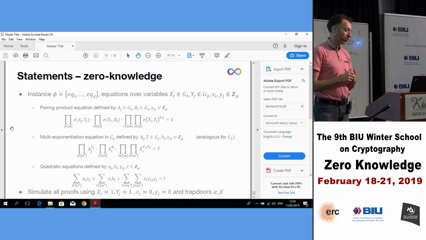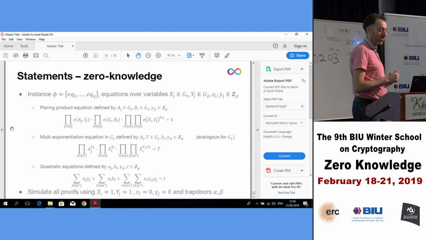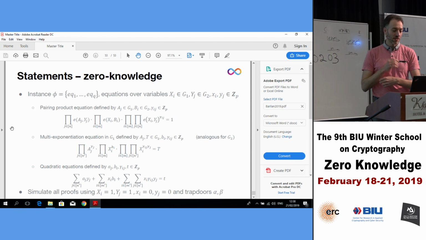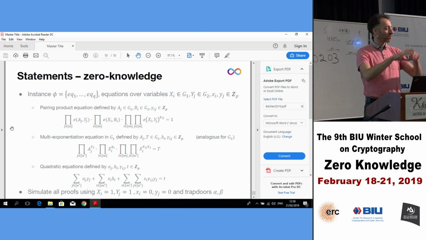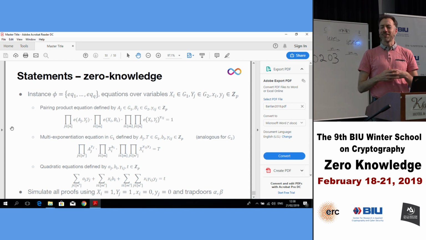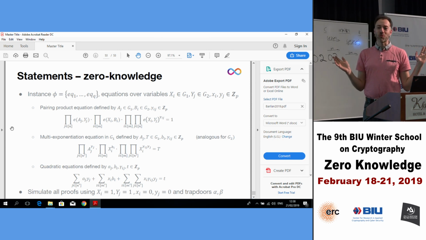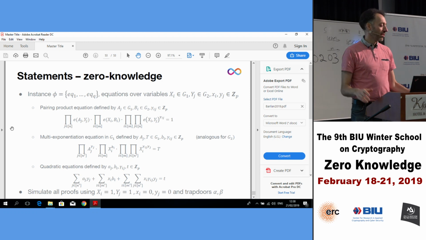There are also some nice tricks that one can play in setting up these common reference strings, right? So I always said, okay, we have some trusted third party that comes along and says, here's a common reference string. What if we don't have a trusted third party, right? What if we just start from scratch and there's nothing there? In that case, we cannot get zero knowledge, but we can still get witness indistinguishability.